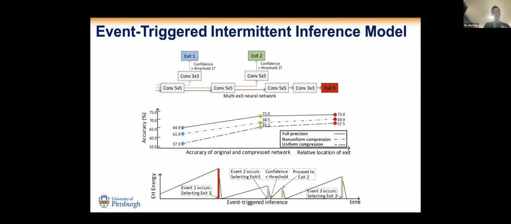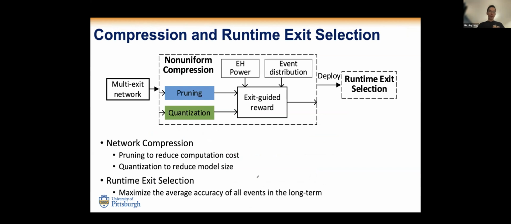So in total, we have all these 3 contributions. The first, the compression algorithm, is done during the offline time, during the compile time. So basically, the network goes through this non-uniform compression, and after compression, we deploy that to the device, and the runtime exit selection runs during the runtime.